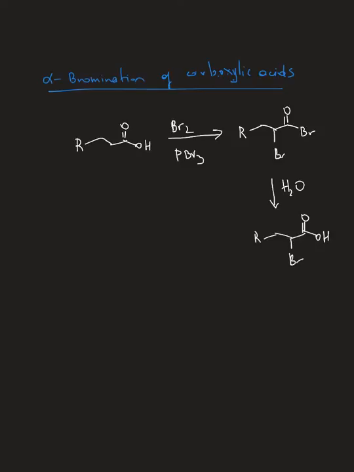All right, you can write this in one step if you want. So you could just write 1. Br2, PBr3 and 2. H2O.